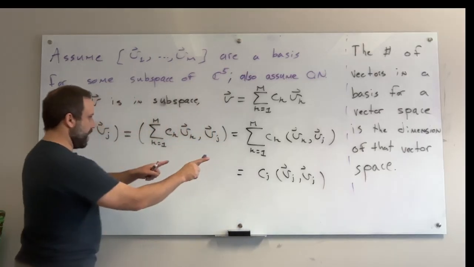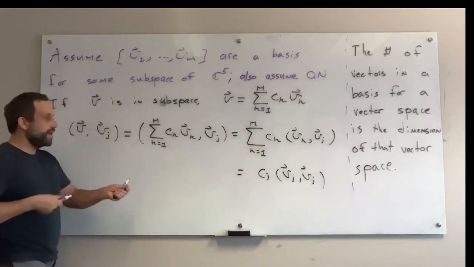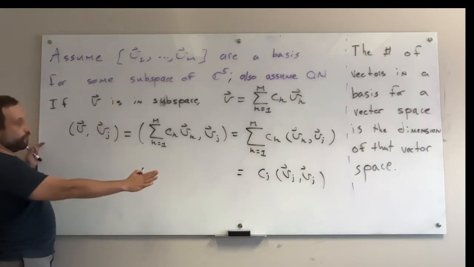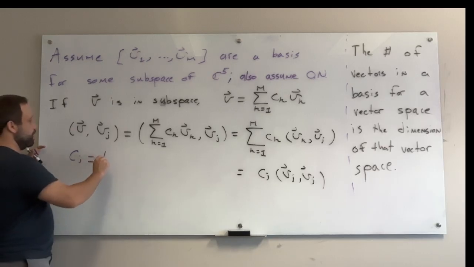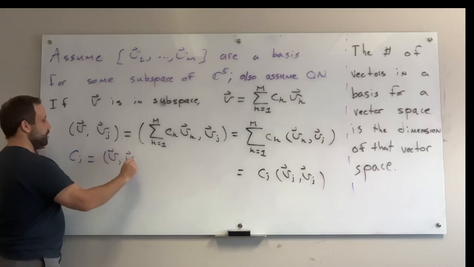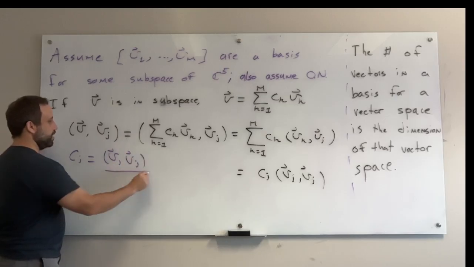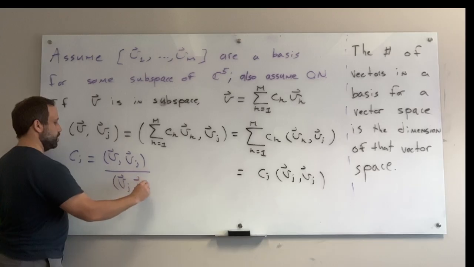I'm going to come back to this because you might be thinking, that's equal to 1, so it's just equal to Cj. Yes, that's correct. But even before that, notice what this tells us. It tells us that Cj is equal to the inner product of V, Vj divided by the inner product of Vj, Vj.